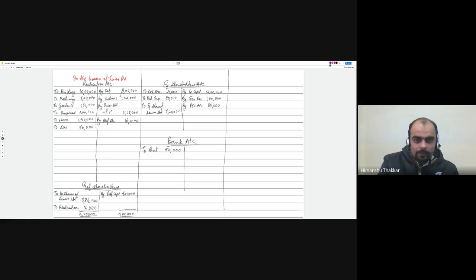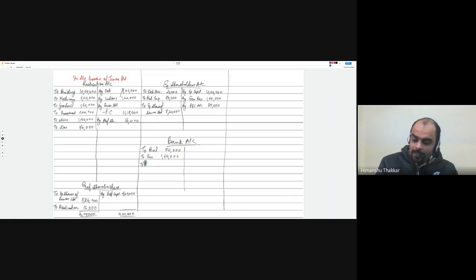So in bank, you will get money when you sell the investments. So to investments, 1 lakh 64,000.